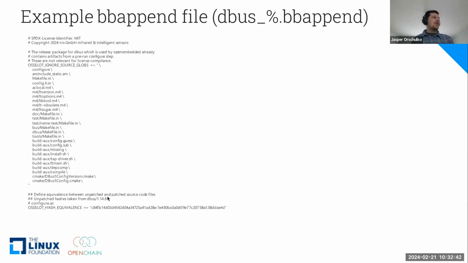Also we have a hash equivalence defined here. There was obviously something patched in this configure.ac script, and we verified whether the patch has any relevance from a license compliance perspective, and it doesn't. So we can just define an equivalence and not worry about that.